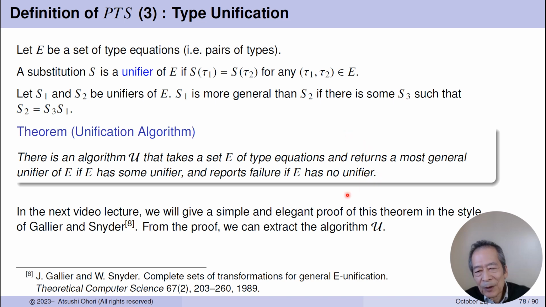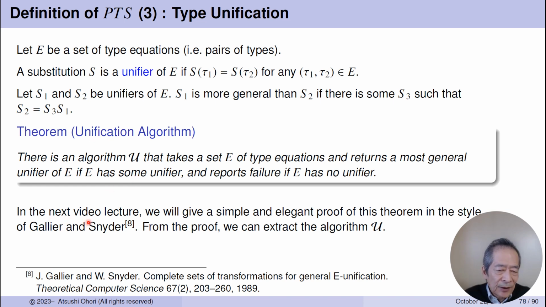So this is a famous theorem on term unification. This was invented by Alan Robinson for the purpose of automatic theorem proving, and this framework has very general usability, so that it can be used to solve any set of type equations if there is some solution.